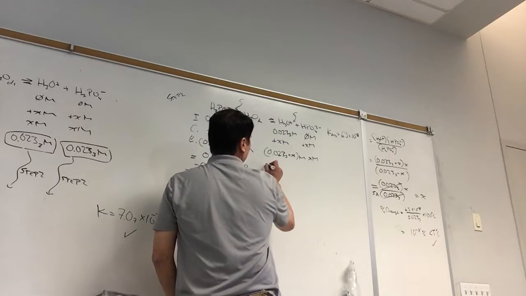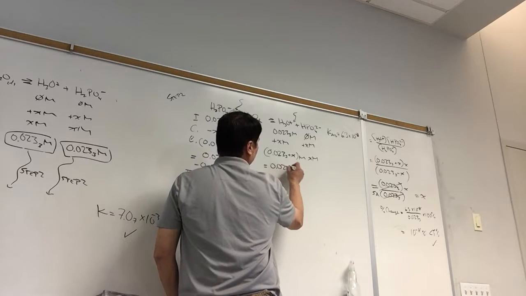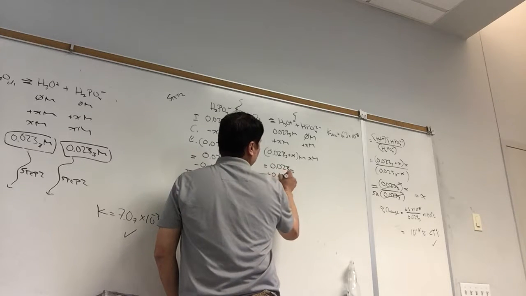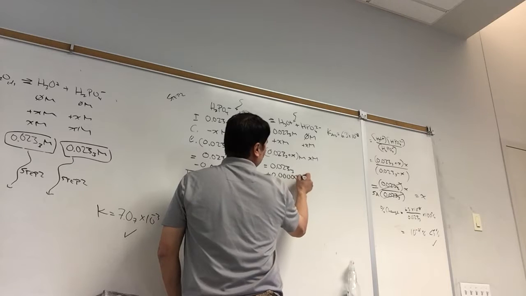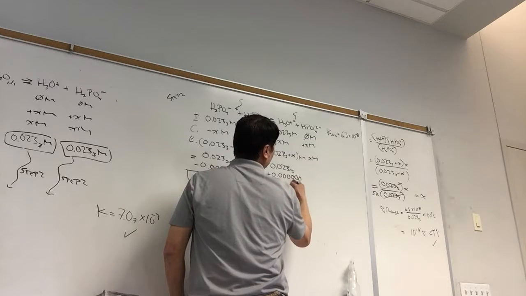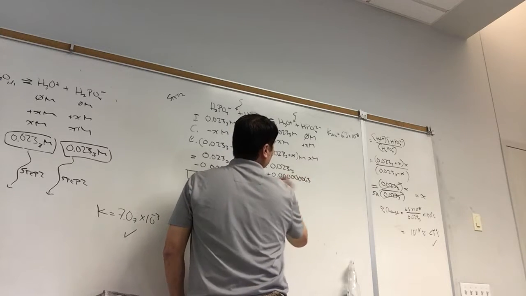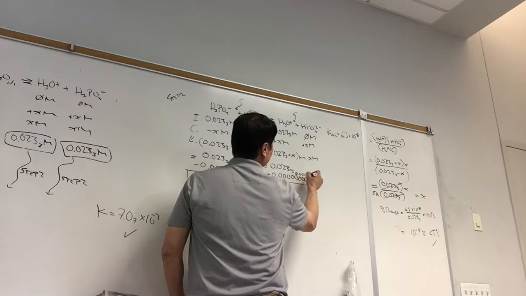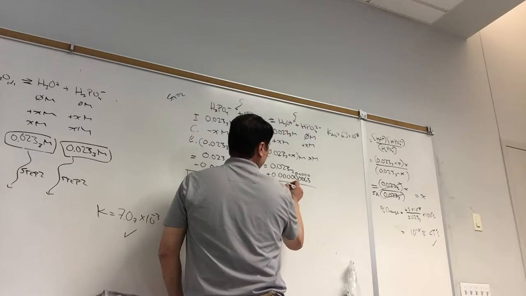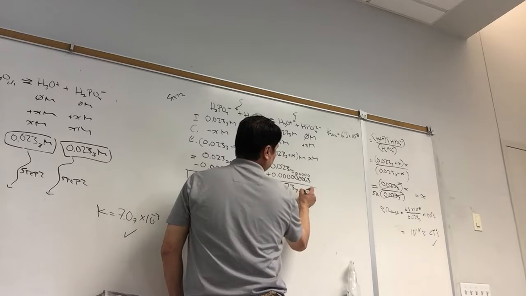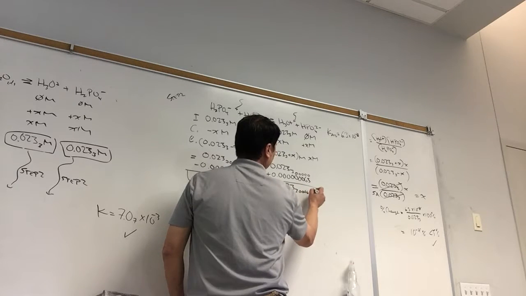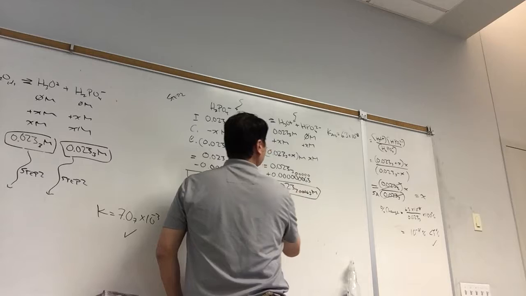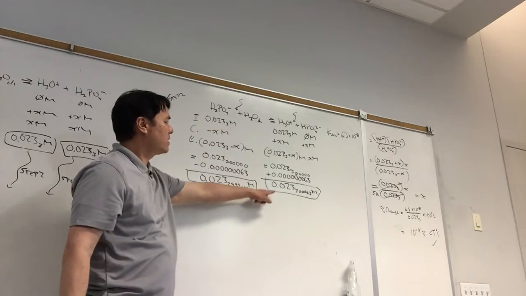Then over here, this is equal to 0.0233 plus 7 zeros, then a 63. We need to add 2 more zeros here. We get 0.023300063 molar. Was that much of a change?